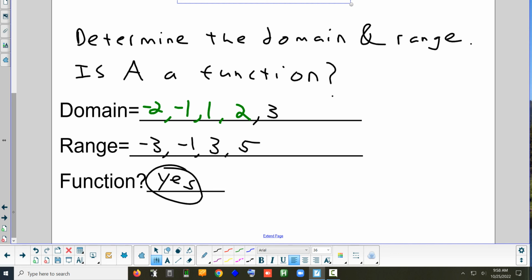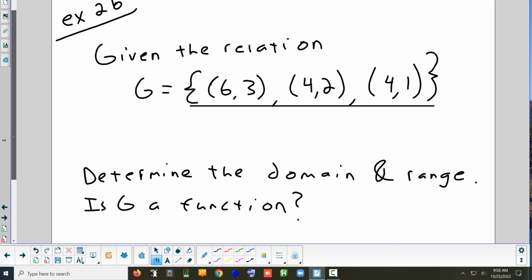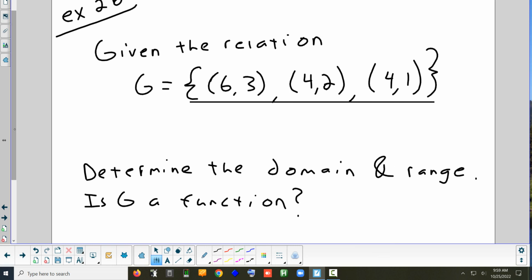Any question on that? Okay, let's try another one, a little bit shorter. Okay, example 2b. So we have 3 coordinates. And they want us to do the same thing.